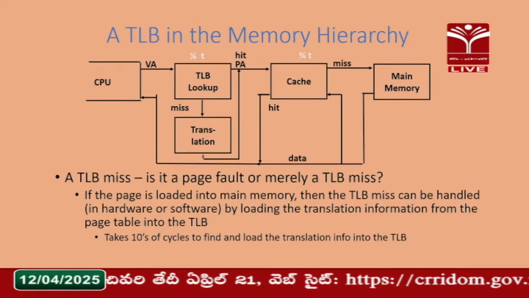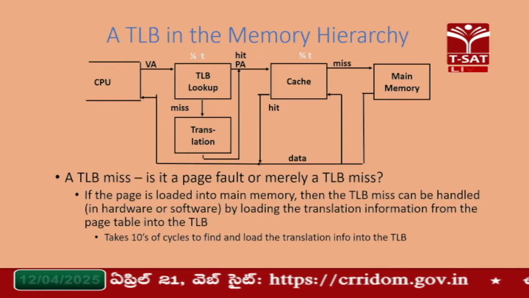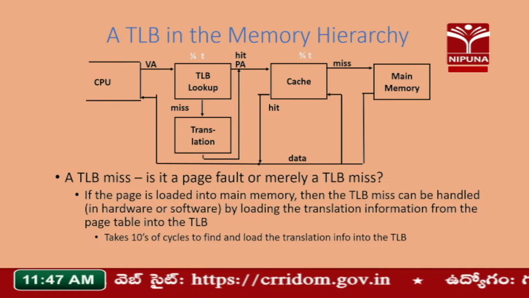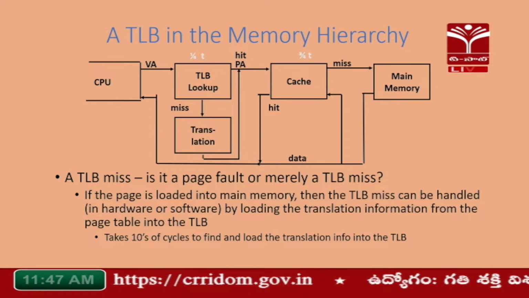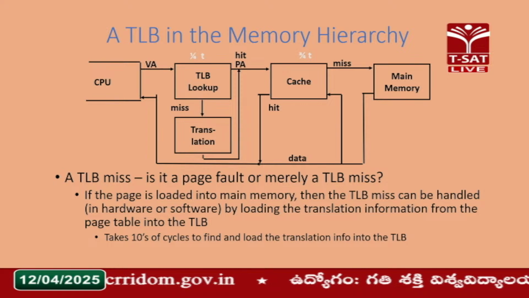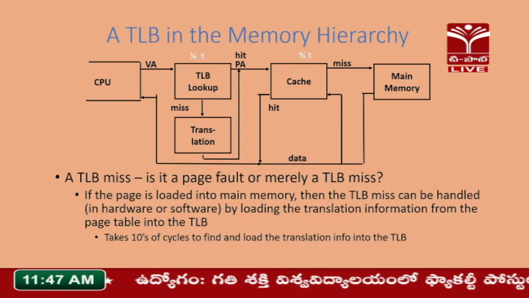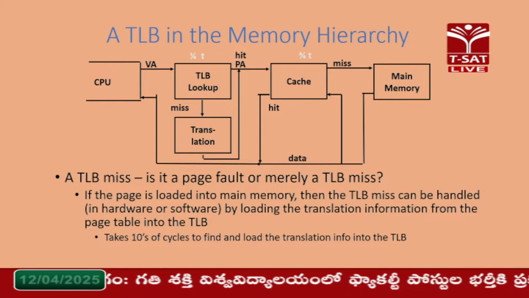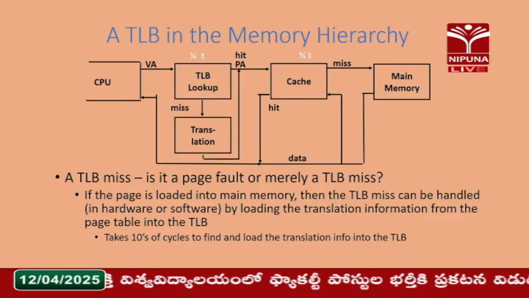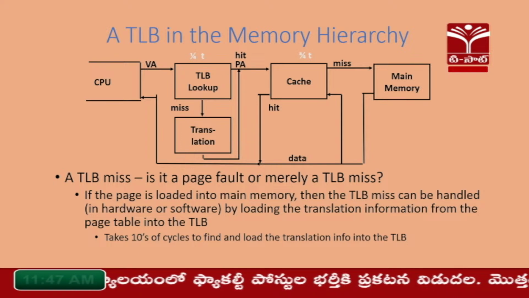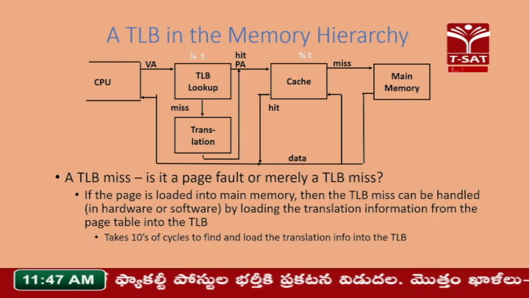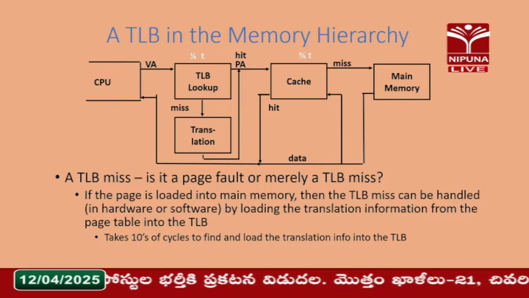Okay. So a TLB miss. Anytime there is a TLB miss, we don't know if it's a page fault or a TLB problem, right? A TLB miss means the data may already be there, but it could be a miss in the TLB, because the TLB cannot hold all the translation information. Only a small number of the translation lookups are cached in the TLB.